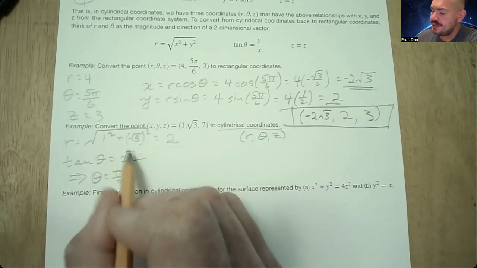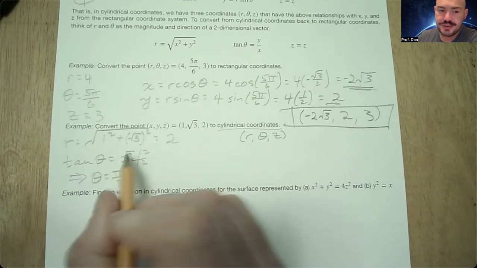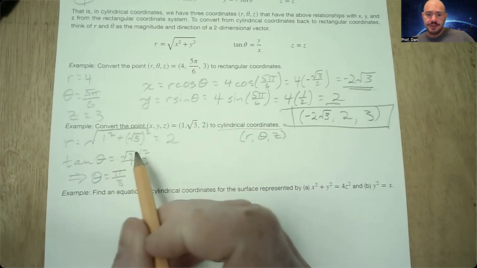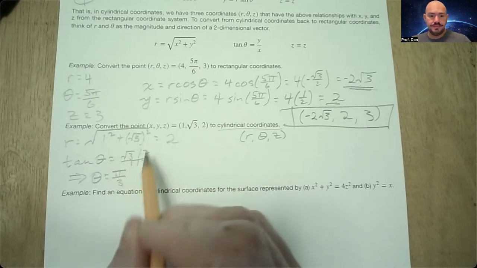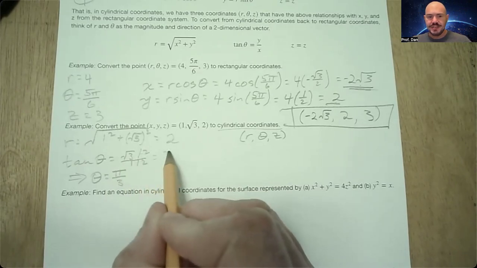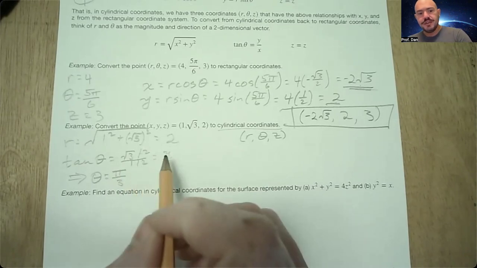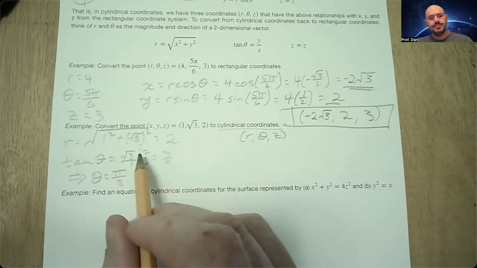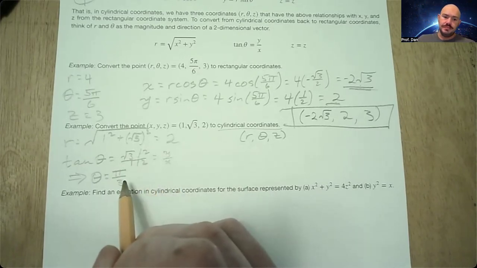If I were to rewrite this as unit circle coordinates, I could always write the square root of 3 as root 3 over 1. I could also write that fraction as root 3 over 2 divided by 1 over 2, right? The reason I do that is because now I can kind of see what the y coordinate is and what the x coordinate is. So we needed an angle where the y coordinate was root 3 over 2 and the x was 1/2. That would be pi over 3.